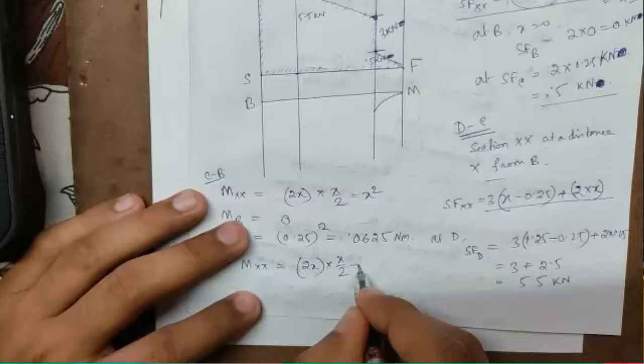Okay, so here also we can see it will vary like this. So x square plus 3 into x minus 0.25.